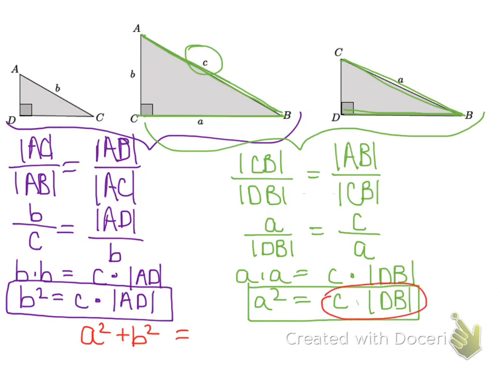So I'm just going to substitute that in. So A squared is C times the length DB. And B squared is equal to this right here. So I can substitute that in for B squared. C times length AD.